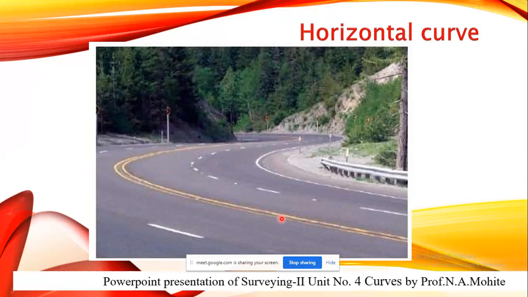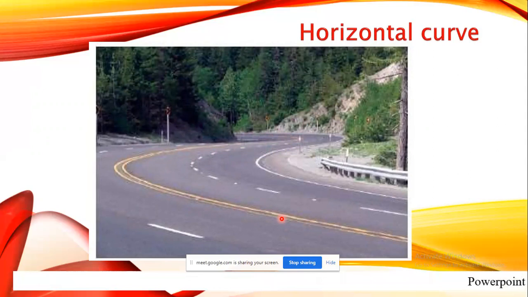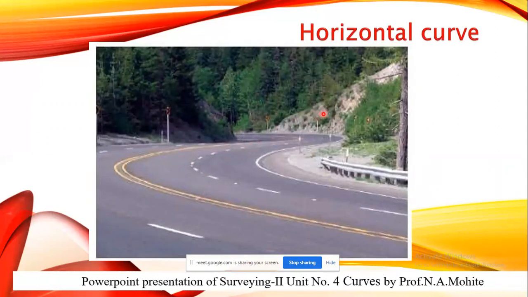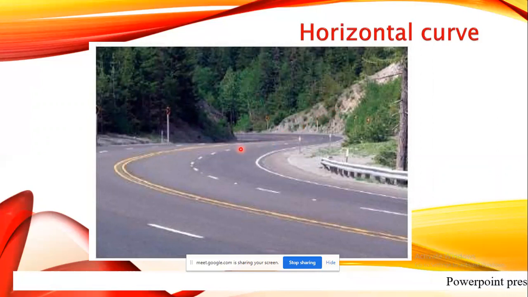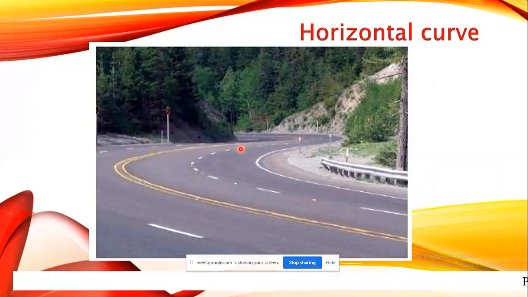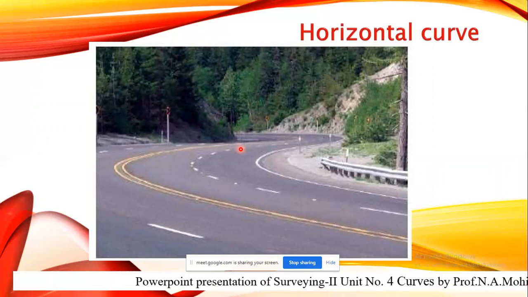But practically, in each and every case it is not possible to provide only a horizontal curve. There might be a change in the gradient, that is, it might have a rise or it might have a fall. In terms of the curve, we use the word gradient: a rising gradient or a falling gradient.